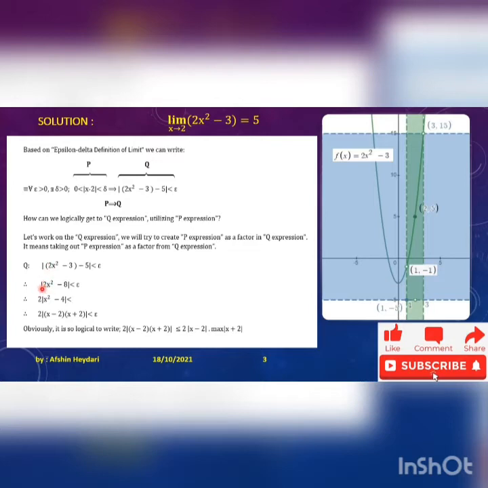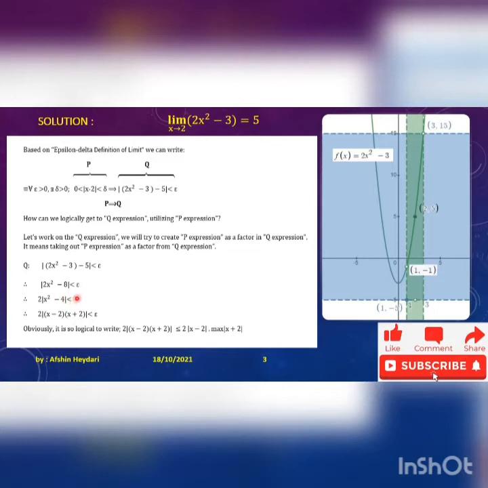So we have absolute value of 2x squared minus 8 is less than epsilon, and by factorizing 2 out, we have 2 times absolute value of x squared minus 4 is less than epsilon.